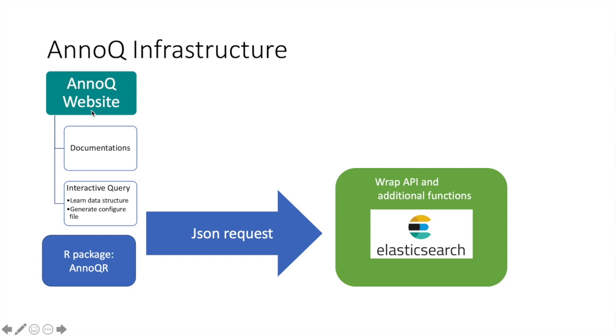The backend for the AnnoQ API is Elasticsearch. It is a search engine which provides multiple query functions for AnnoQ. We store our pre-annotated variants in this Elasticsearch. I skipped the part where we process the data and perform the annotation steps here because this part won't influence the usage of AnnoQ.